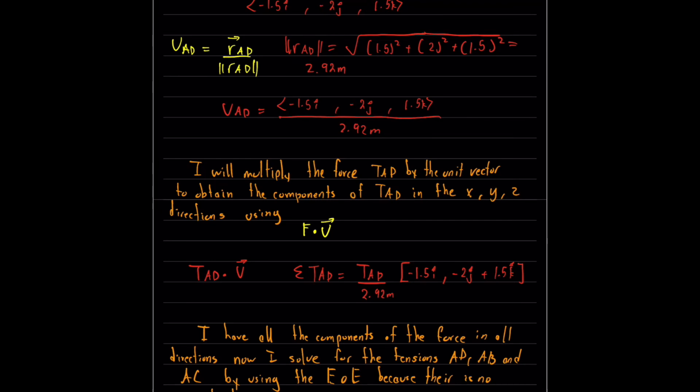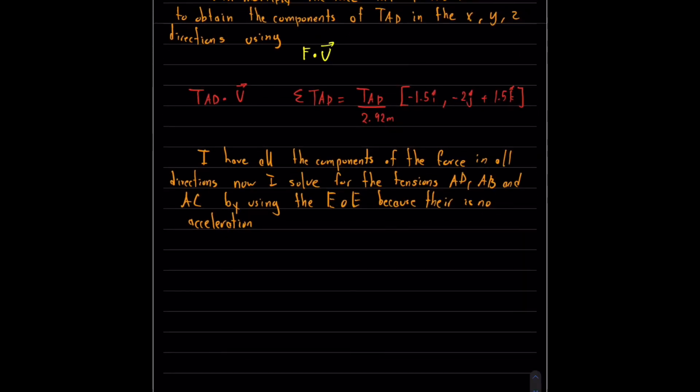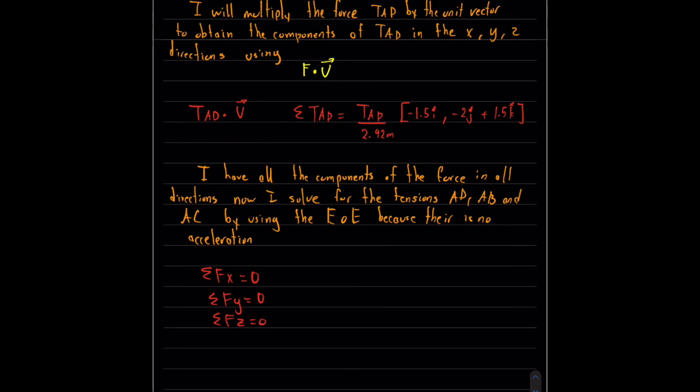Okay, now I'm going to use these equations of equilibrium here. So sum all the forces in the X to be equal to 0, all the forces in the Y to be equal to 0, and all the forces in the Z to be equal to 0. That is going to look like this here. I should probably need more space. Tension AC in all directions. Sorry about that, I made a little mistake here.